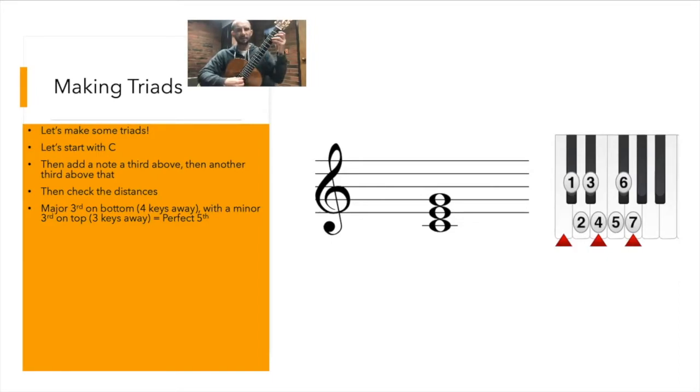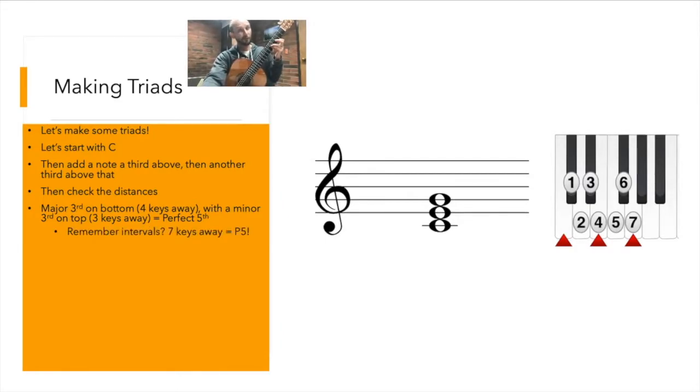And then to get the minor third, if you have E, 3 keys away, 1, 2, 3, that is the minor third, and we see that on the piano as well. And then 7 keys away is G. So here's C, 1, 2, 3, 4, 5, 6, 7, takes you to G. All right, 3 plus 4, right? That's the perfect fifth.